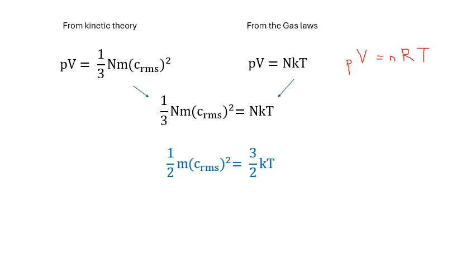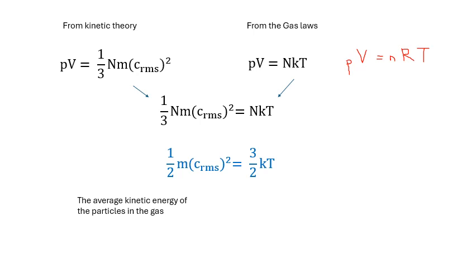Now bear in mind that this c_RMS is like the average speed. Is that familiar? A half mass times speed squared? What's that then? I'll tell you what it is. It's the average kinetic energy. The average kinetic energy of the particles in the gas equals 3/2 kT, at least for an ideal gas.